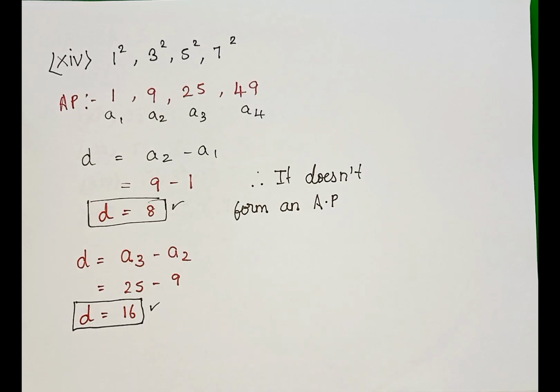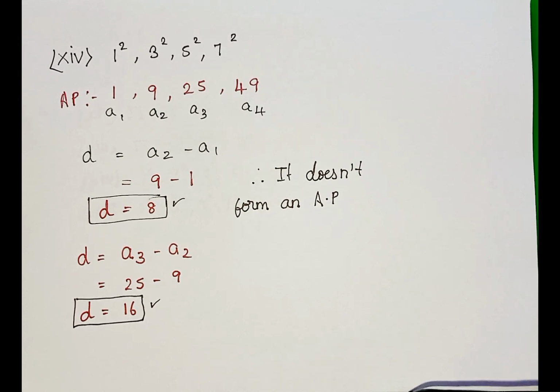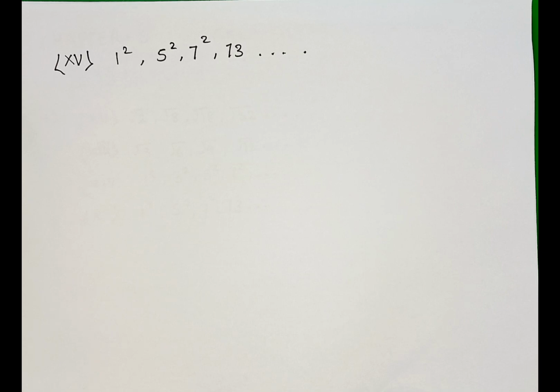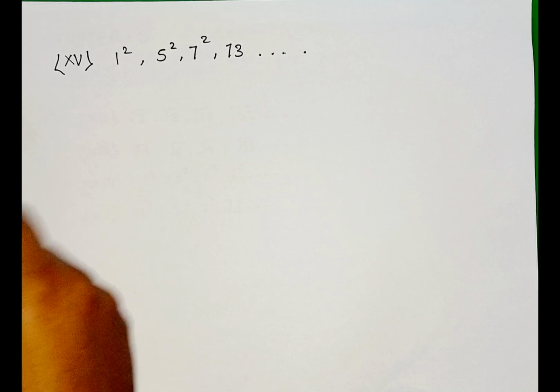Alright, so now let us solve the last subdivision of this particular exercise as well as this question. Okay, so the last subdivision is the 15th subdivision. So guys, this is the 15th subdivision. Now let us take the squares.